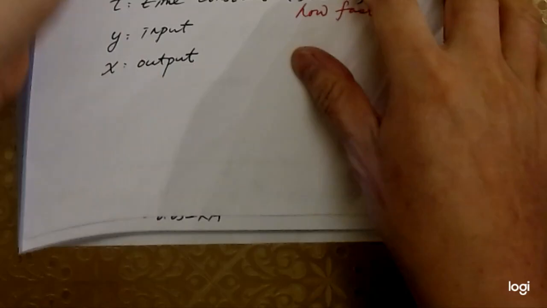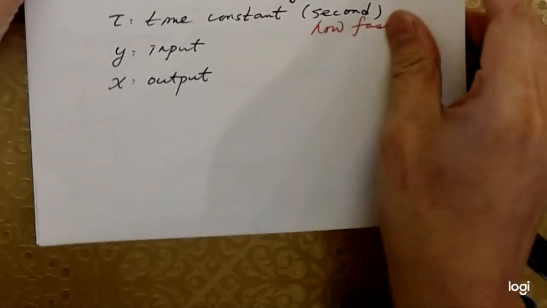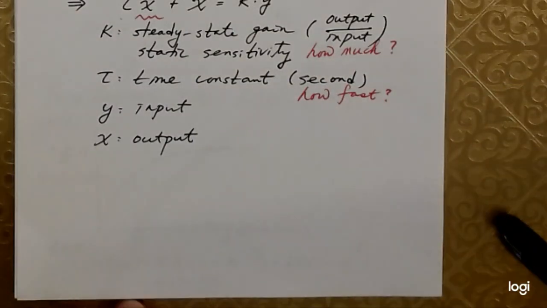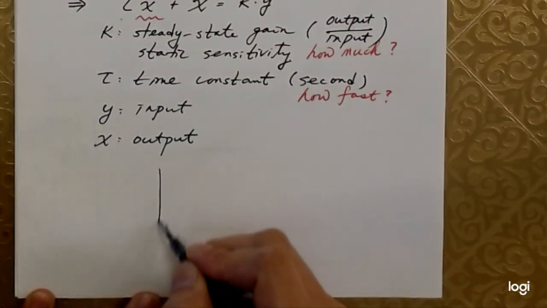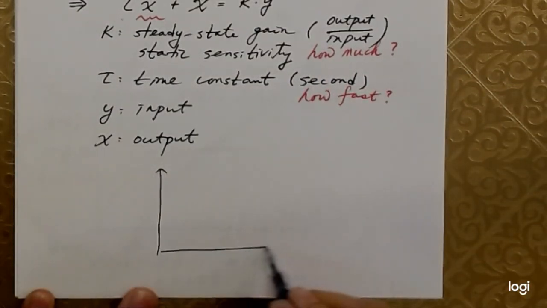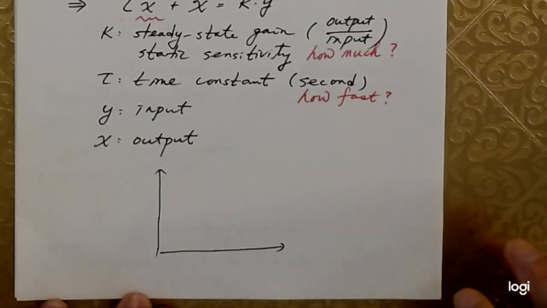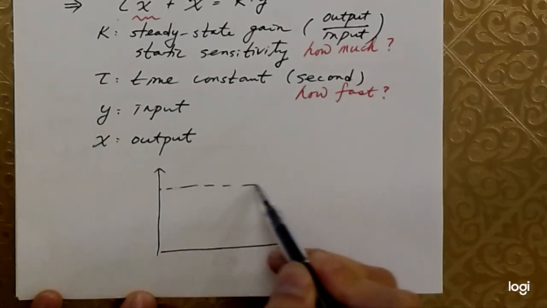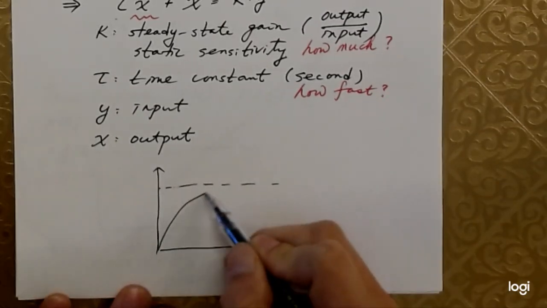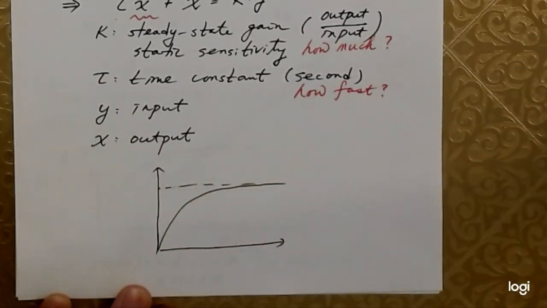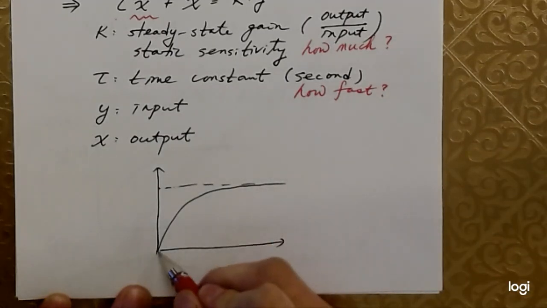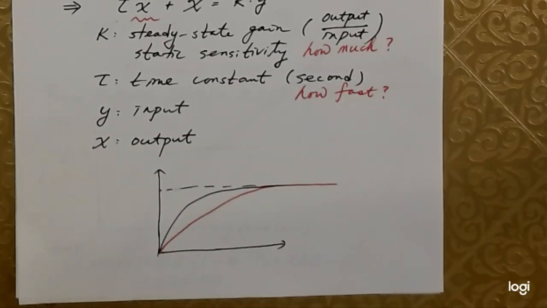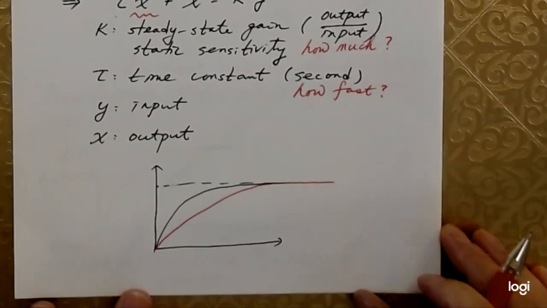Let's say I have two systems that happen to have the same steady state gain. I have a first order system, and the second one, the red one.